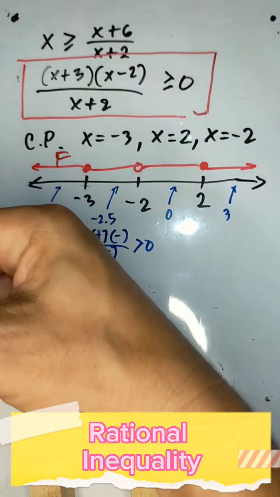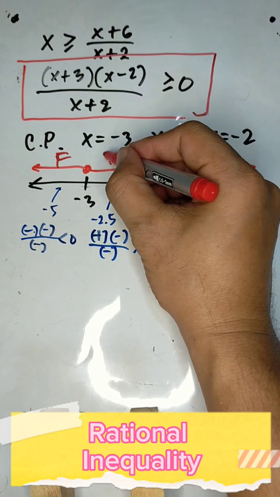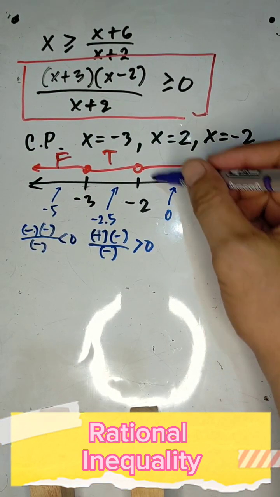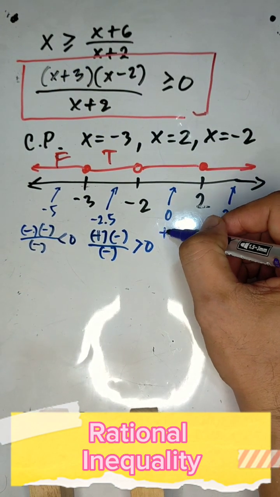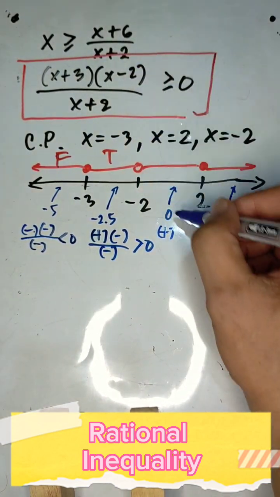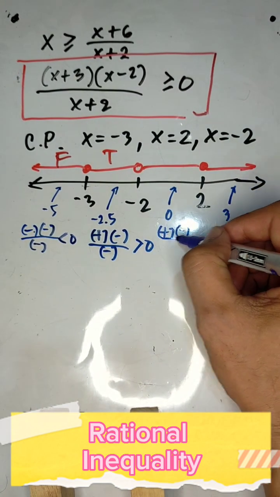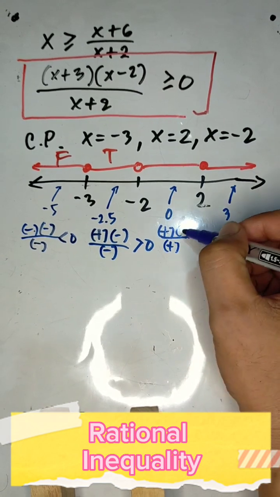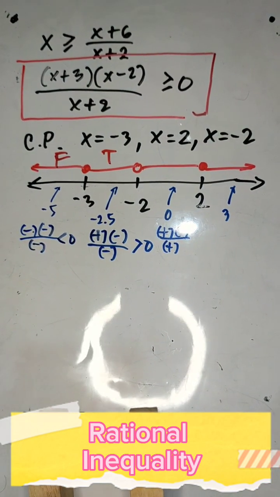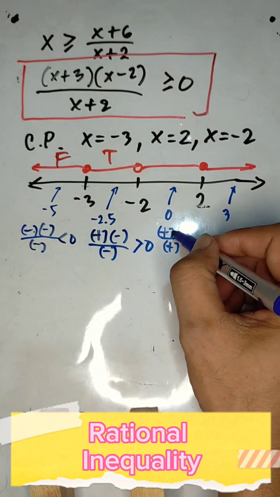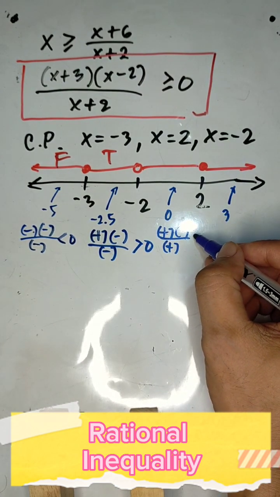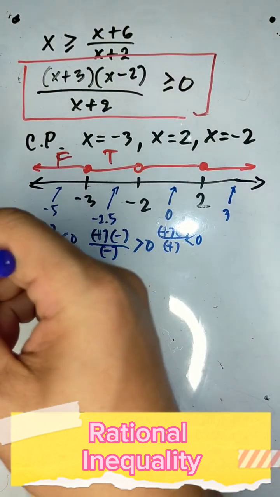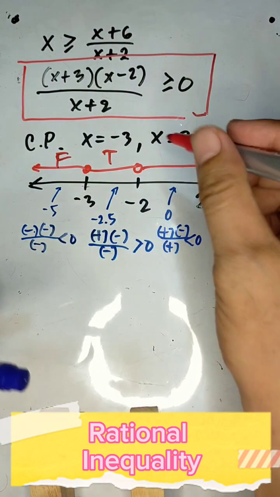So this interval here is true. Next, if we get 0, 0 plus 3 gives us positive. 0 minus 2 gives us negative. Then 0 plus 2 gives us positive. Okay, so all in all, positive times negative is negative, divided by positive is negative. So this interval here is false.